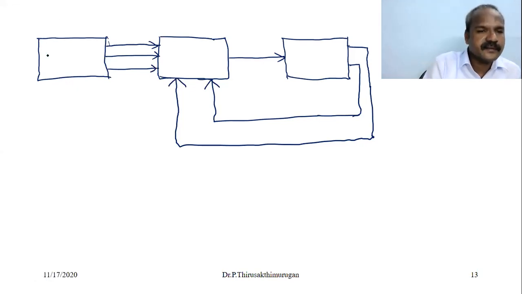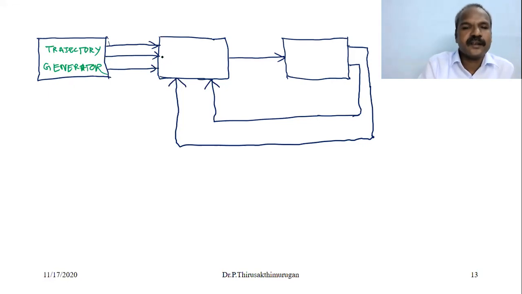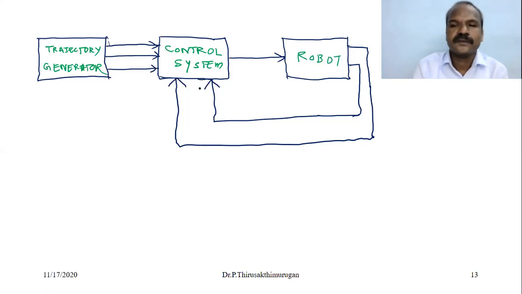So this is the trajectory generator. This is your control system. This is our robot. What is actually the input to the robot? Tau. Tau is the output from the control system and the input to the robot.